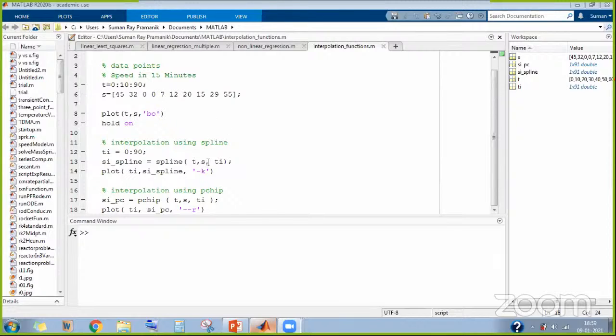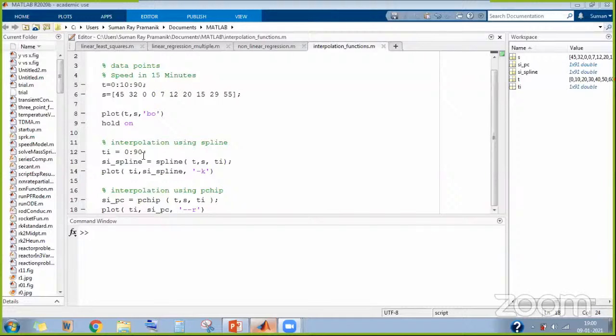T, S is clear, we have to give those data points that we have been given. And Ti is the range in which you want to find the data points. Although this is between 0 and 90, you don't have the values for each second. Let's say for one second, you don't have it. You have for 0, 10, 29, 30, and so on to 90.